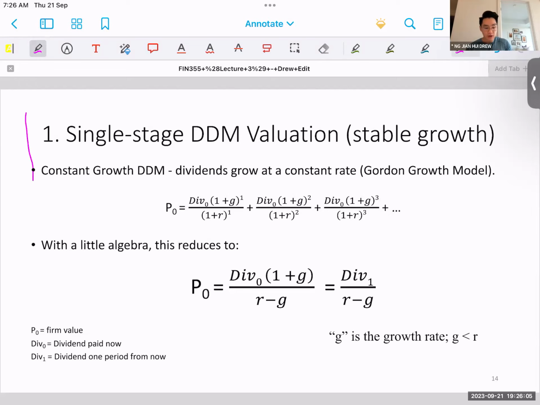You already saw this slide in the last lecture, where we talked about the base formula of a stable growth dividend discount valuation model, right? So it's D1 over R minus G. Of course, the assumption is that G must be less than R, because if it's the other way around, where G is more than R, you get a negative value and you basically can't use this formula anymore.